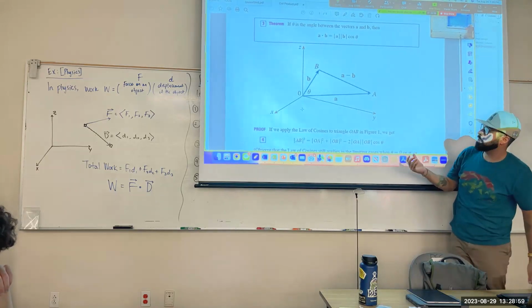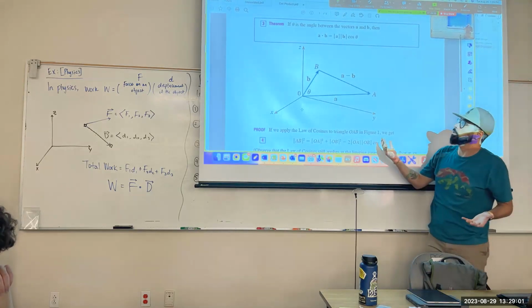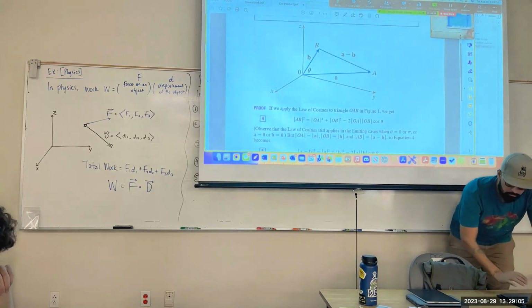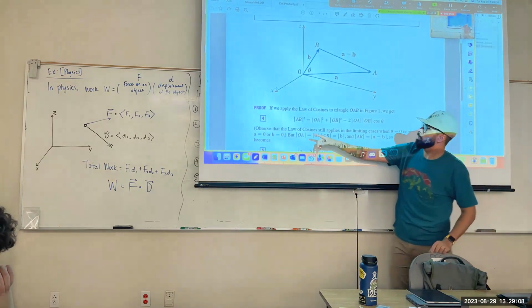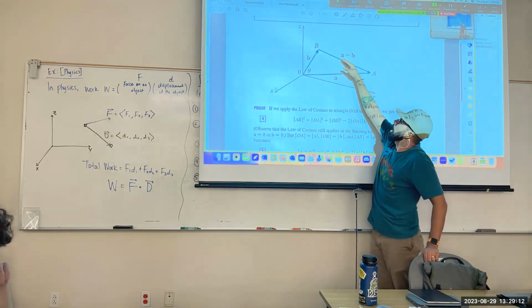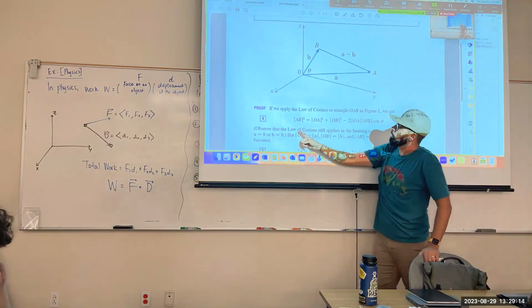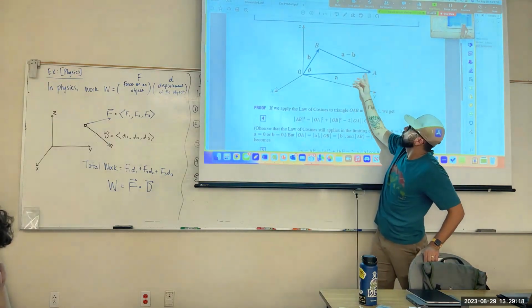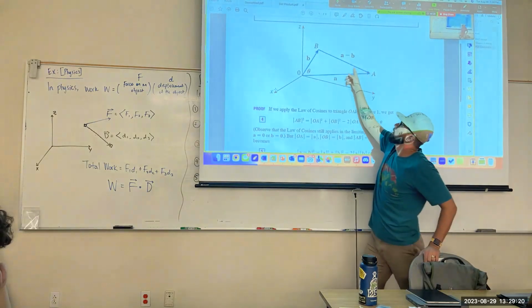Okay, so from that we get a triangle. We can't assume it's a right triangle. So because of that, we use the law of cosines, which says that if this is the angle theta we're considering, then the side opposite of it is what they're calling the vector AB. AB or BA, they'll both have the same magnitude.